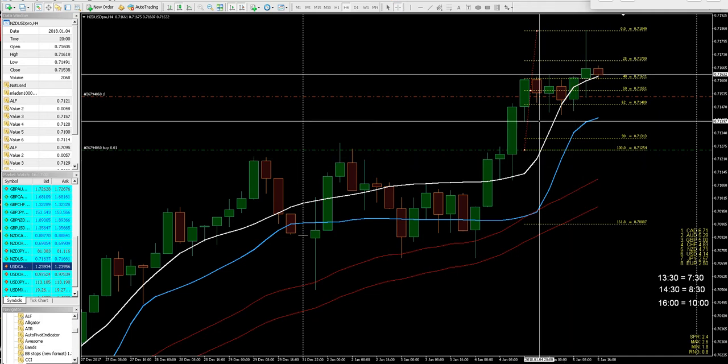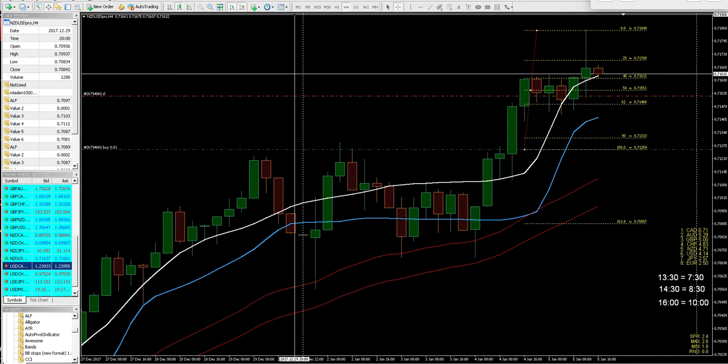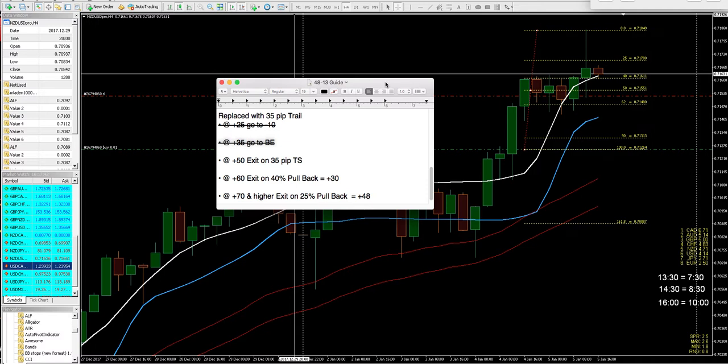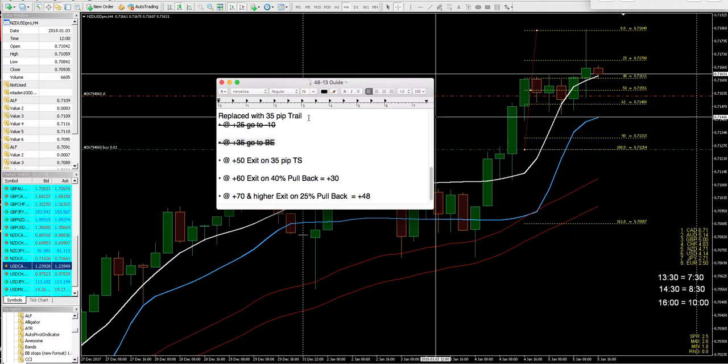So how do I handle this trade in progress? Okay, I mentioned I use a 35 pip trailing stop. I used to move it incrementally at plus 25 and then plus 35, but I just now let it go to a trailing stop.